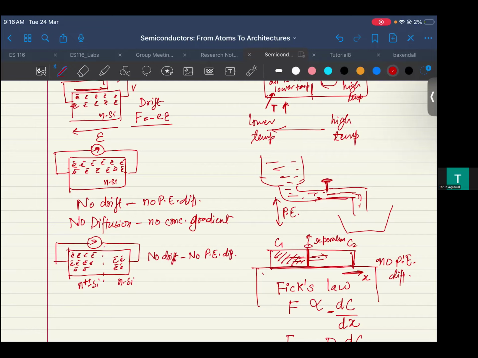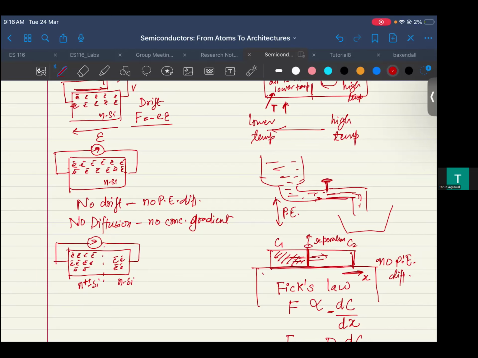So this is not correct directly. That's why I would not go into the drift, because when we create a gradient like this, we would tend to have an electric field resulting from this process. That is something we will discuss when we discuss junctions.